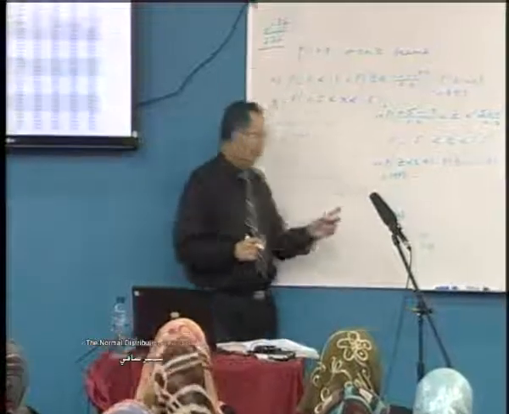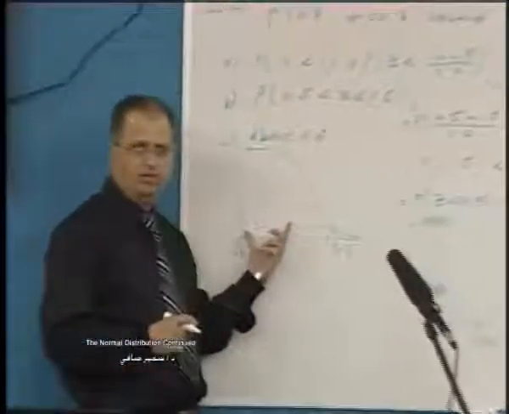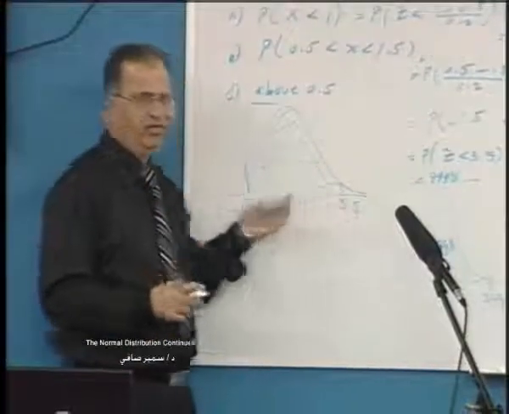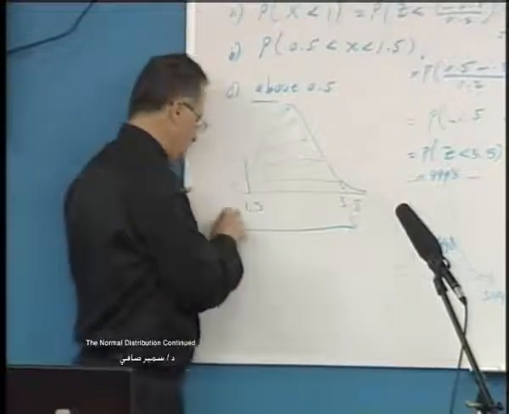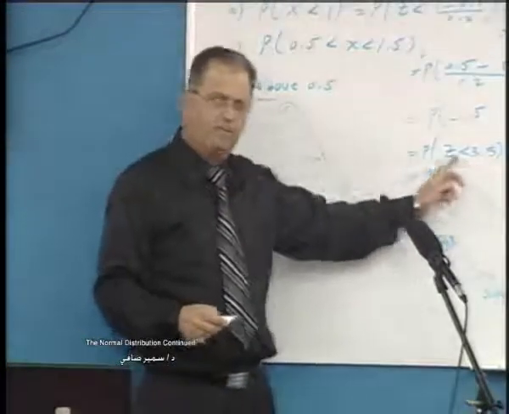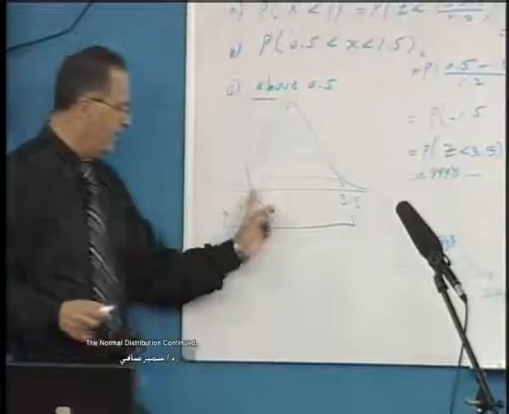The dashed area, between minus 1.5 all the way up to 3.5, equals the area to the left of 3.5, which is P of z less than 3.5, minus the area to the left of negative 1.5.